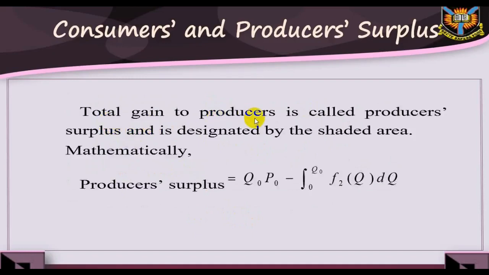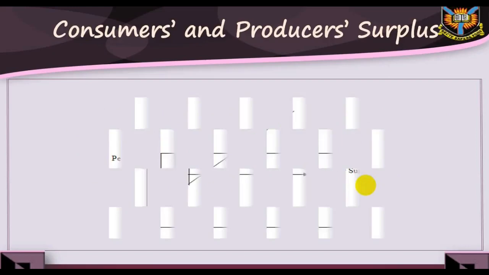The total gain to producers is called producer surplus and is designated by the shaded area. Mathematically, producer surplus equals Q0 P0 minus the integral of F2 of Q dQ within the limits of 0 and Q0.